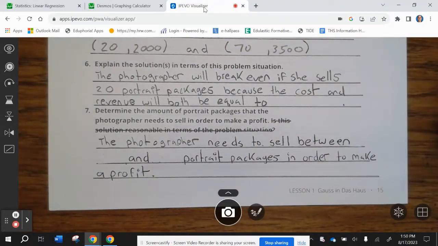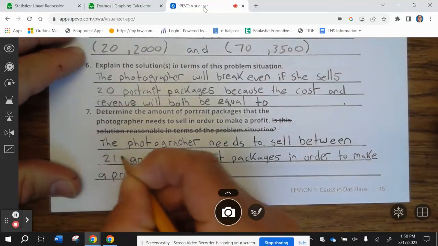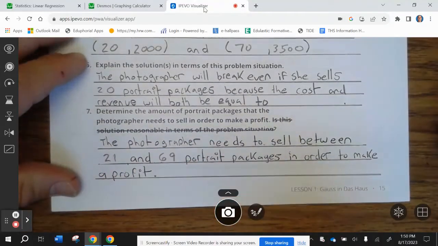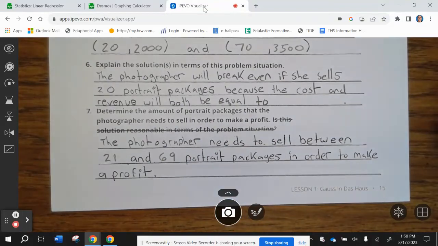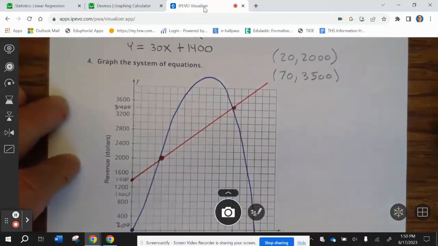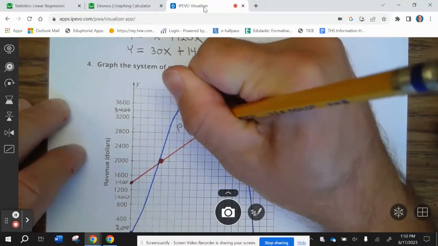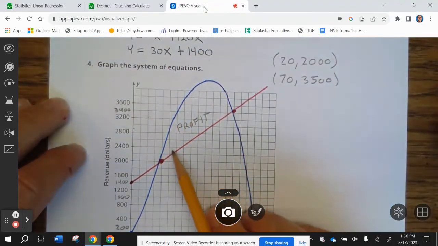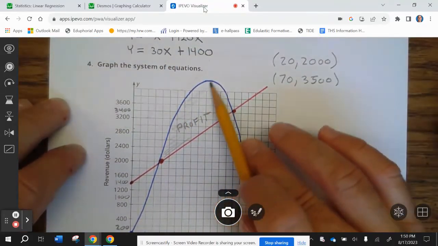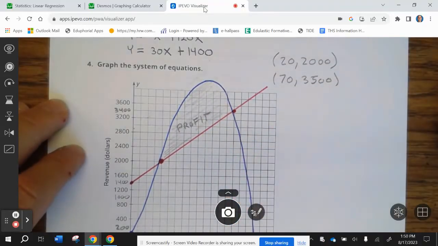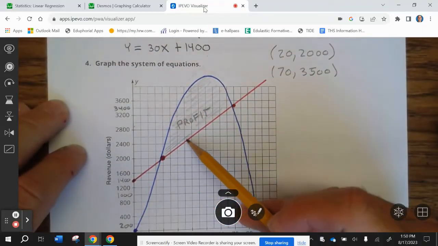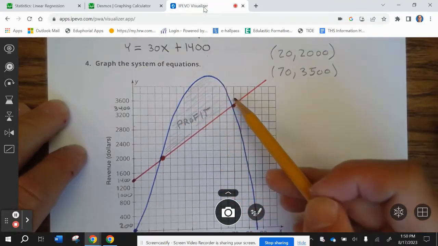The photographer needs to sell between 21 and 69 portrait packages in order to make a profit. And that's because profit is above the line. So here's your profit. Okay, all your profit lies above the line.